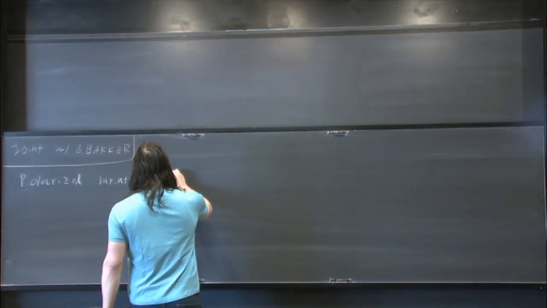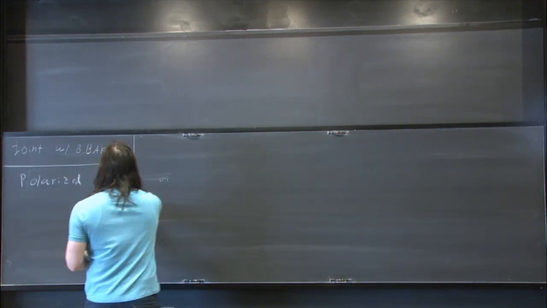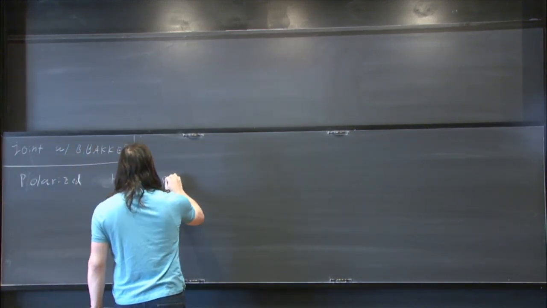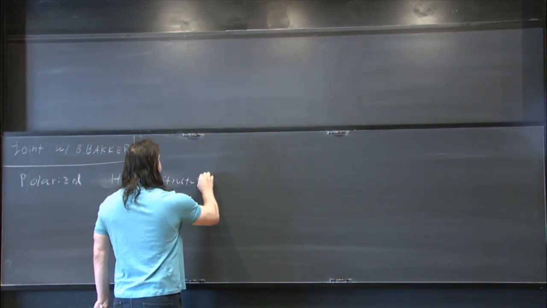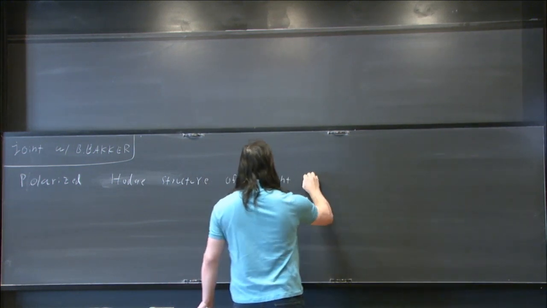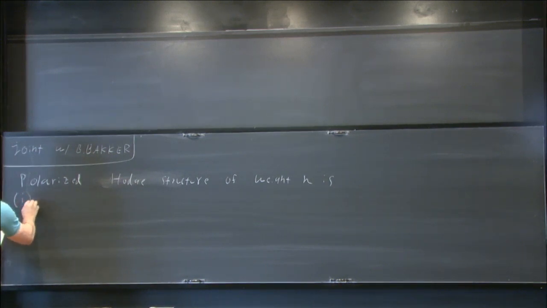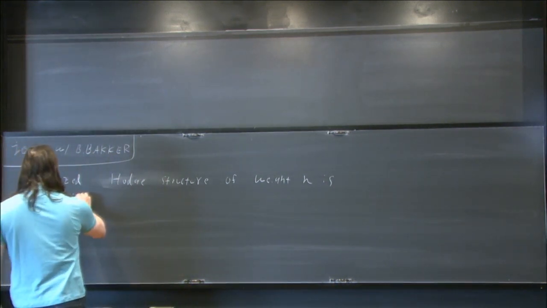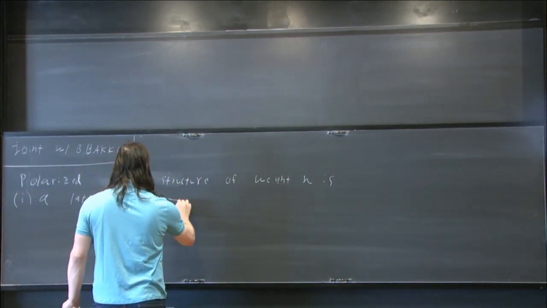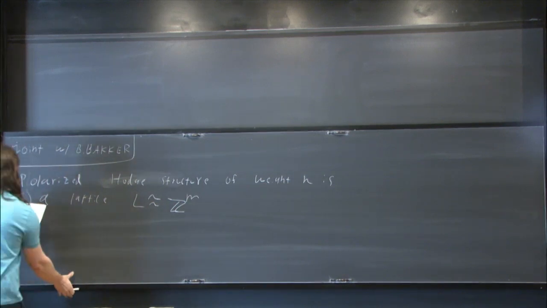A polarized Hodge structure of some integer weight n consists of the following objects. First, we're going to have a lattice, a free abelian group of some positive rank.